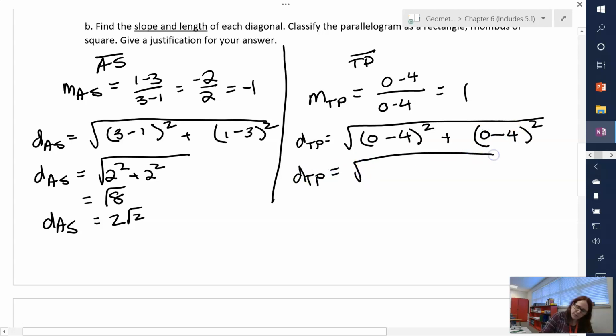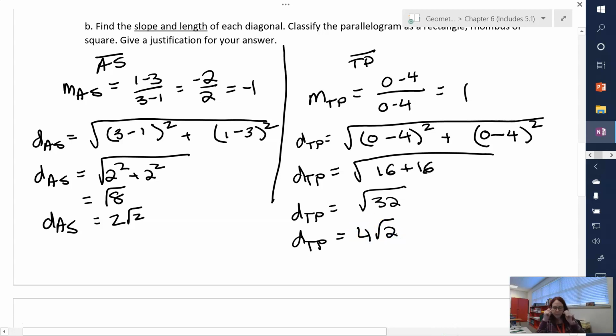So I'm going to get the square root of 16 plus 16, which is the square root of 32. So your distance is going to be 4 square root of 2.